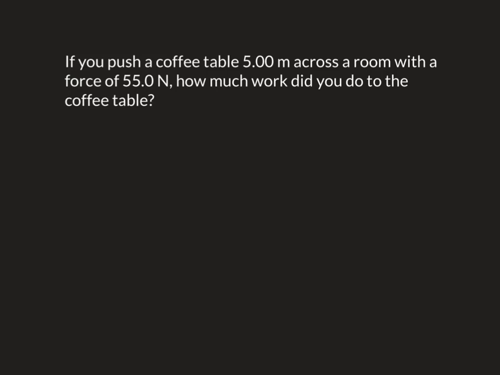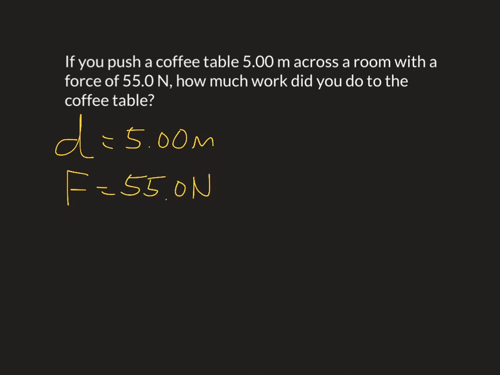Looking at this, we know the distance is 5.00 meters. We know our force is 55.0 newtons. We don't care what direction, because work doesn't have a direction, and we're trying to find how much work we did. Our formula is work equals force times distance. It's already solved for work, which is what we want, so we don't need to do any formula rearrangement here.